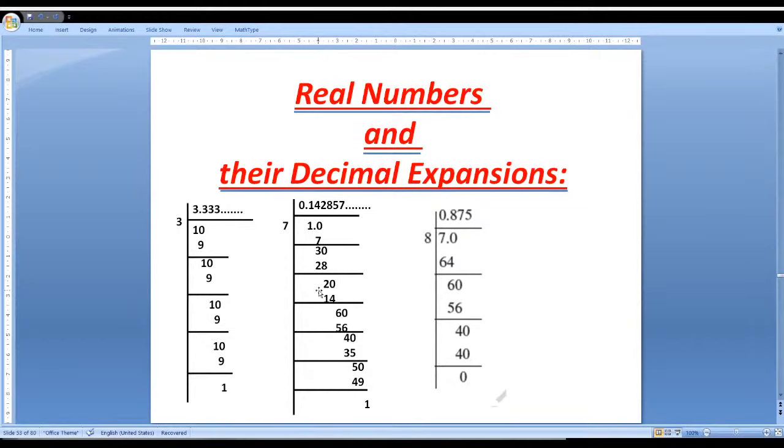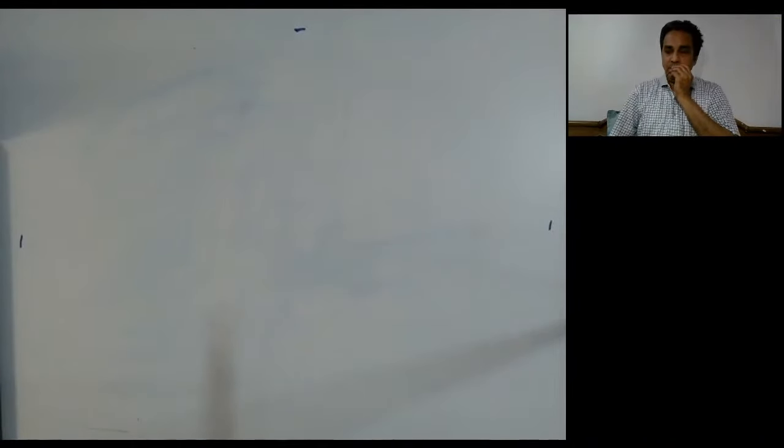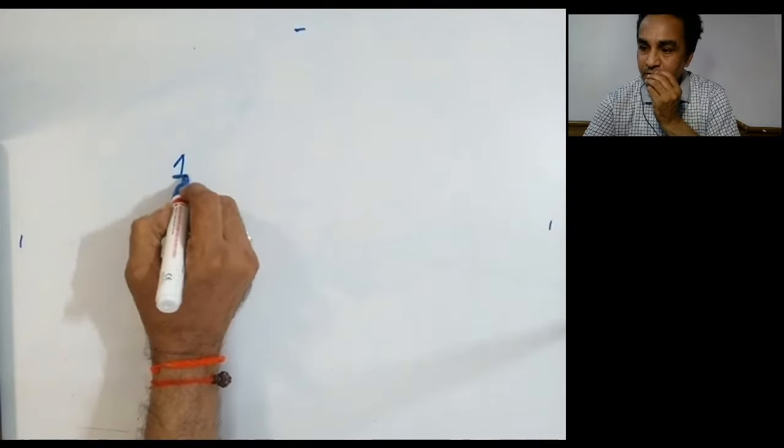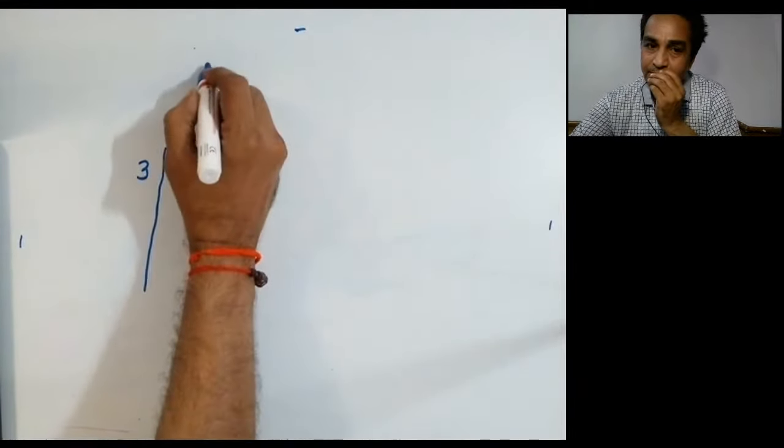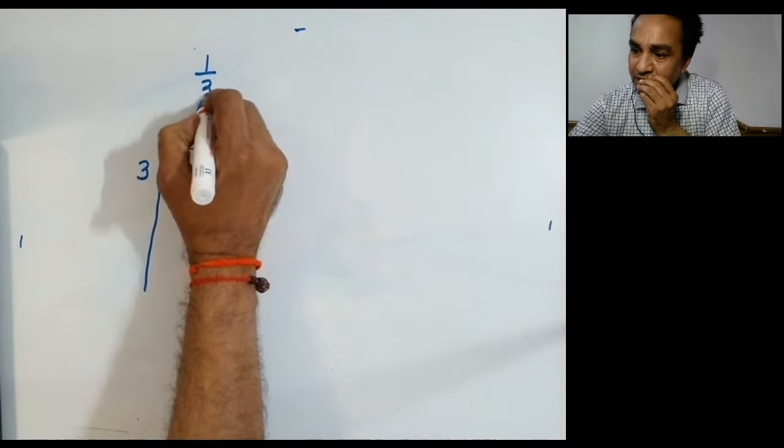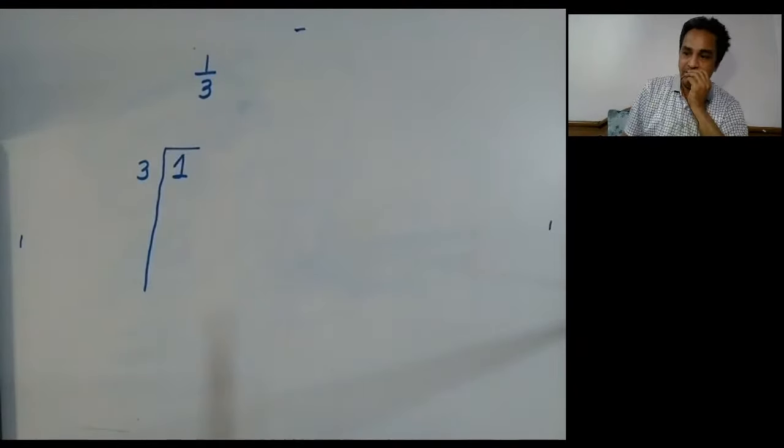Now our next point, real numbers and their decimal expressions. How can we express 1 by 3 in decimal?